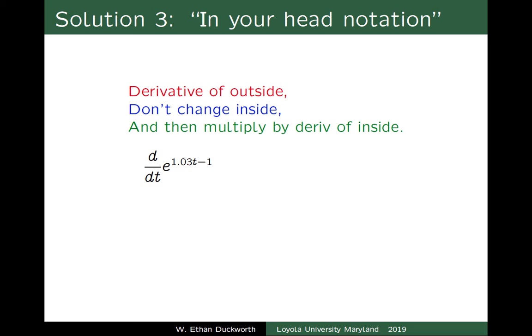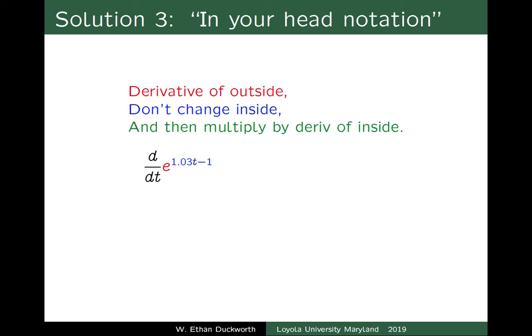Okay, so the original formula, the derivative with respect to t of e to the 1.03t minus 1. Right now it's in black, but let me show you the inside and the outside parts. So e is the outside part, and 1.03t minus 1 is the inside.